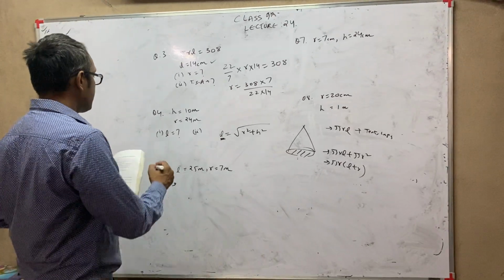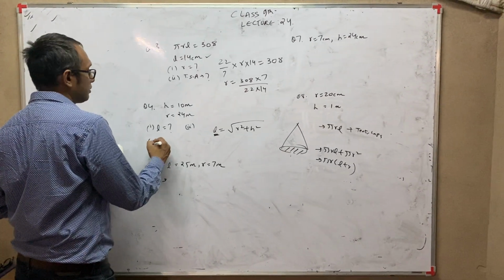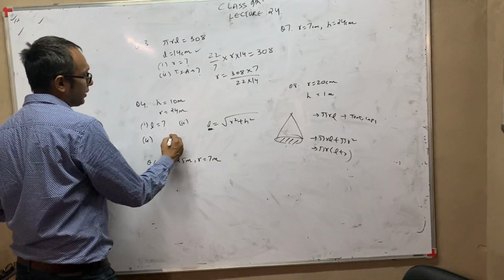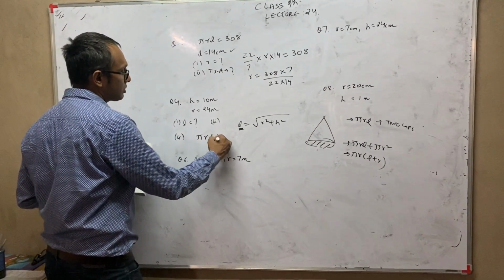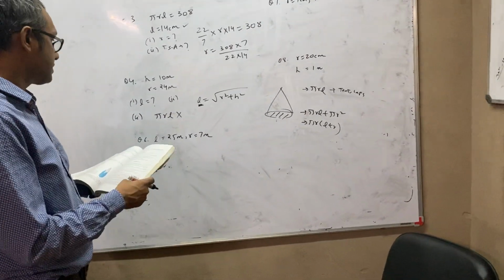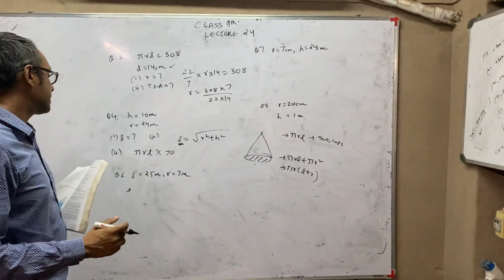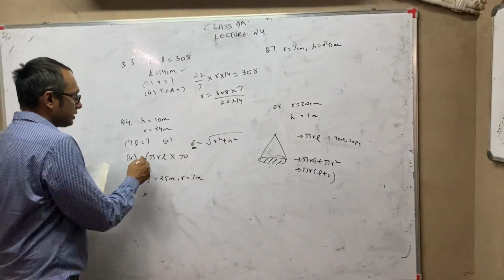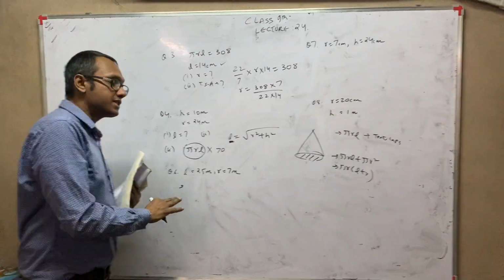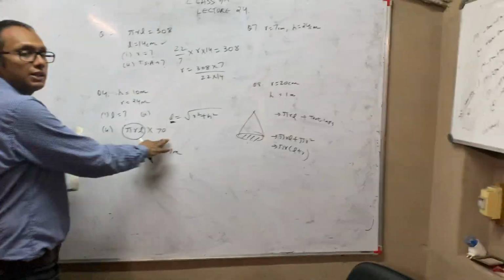So in the second part, as I just told you, whenever a sum of tent comes, you have to find pi r l, and this you will multiply by 70. Now remember children one thing, many children make the mistake of finding the curved surface area and then dividing by 7 first and then multiplying by 7.